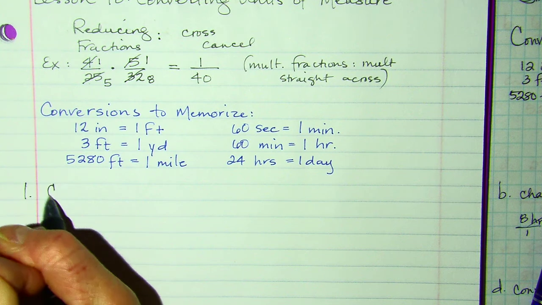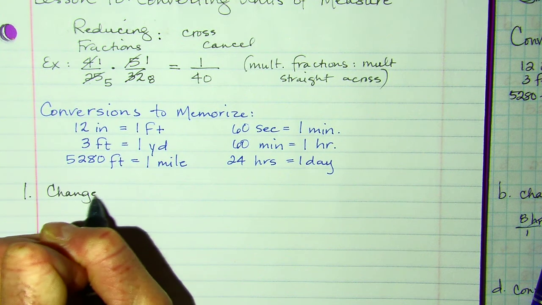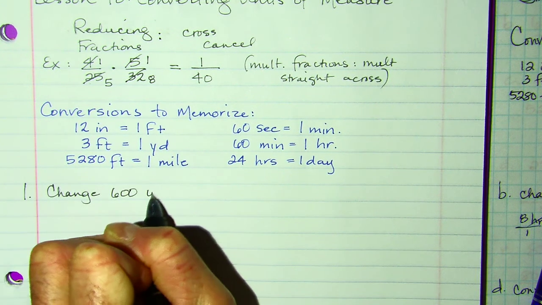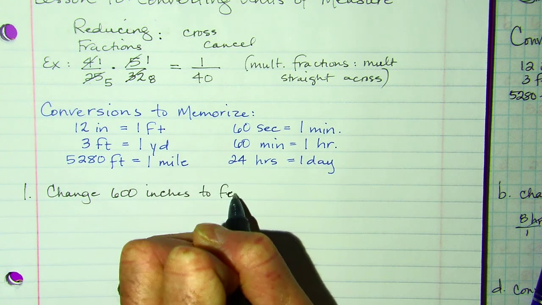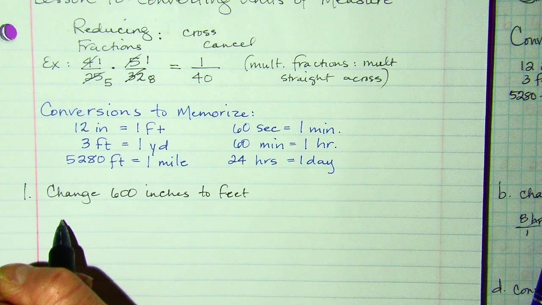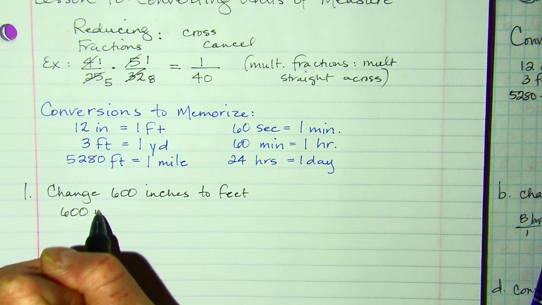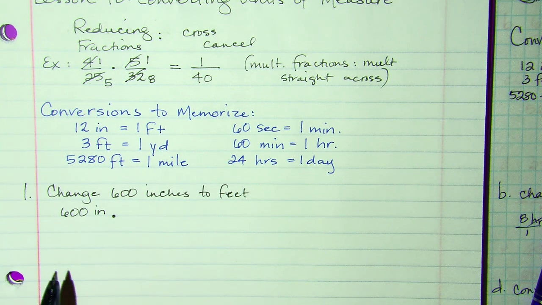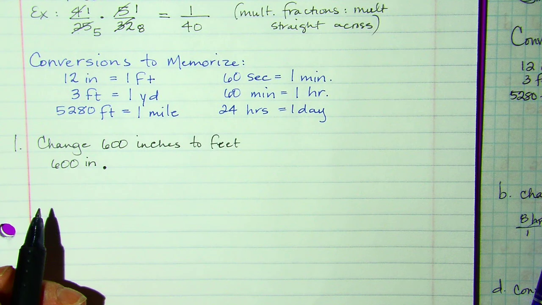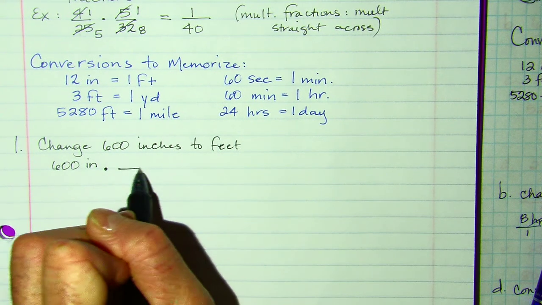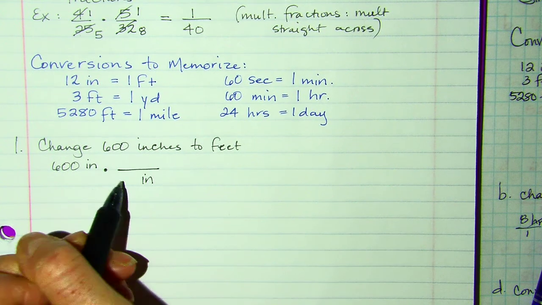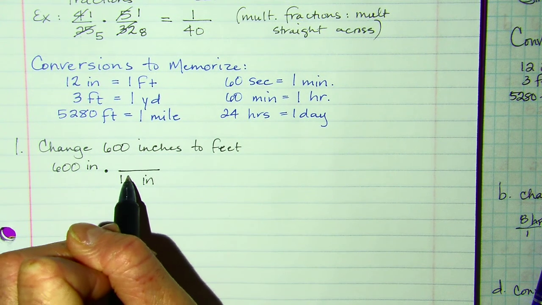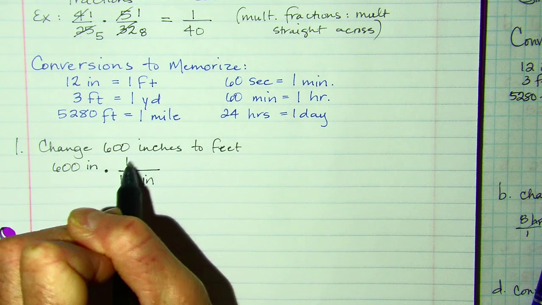So change 600 inches to feet. Now watch how I set it up. I know that I have 600 inches. Now for these to cancel, I need them to be in top and bottom. So I must put inches on the bottom with my conversion rate so that they'll cancel. And our conversion rate is, I know that there are 12 inches in 1 foot.